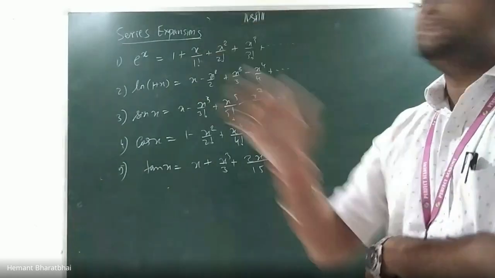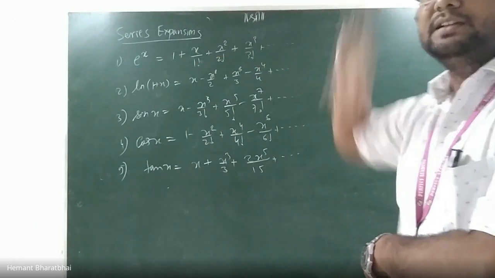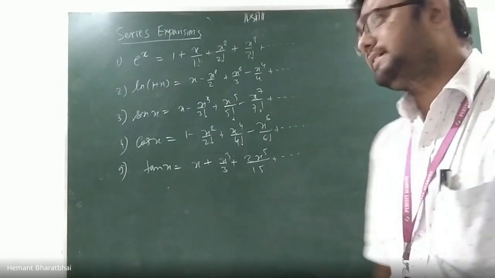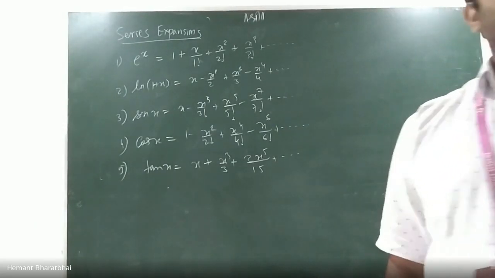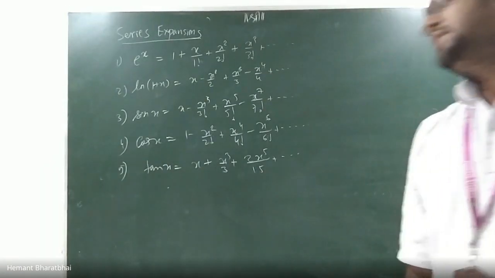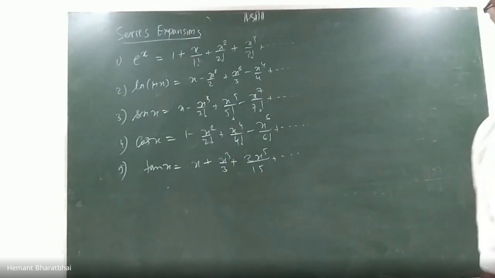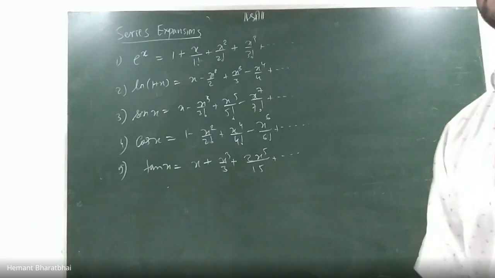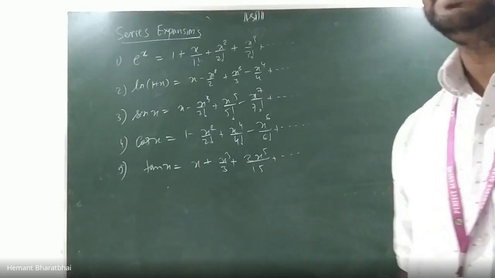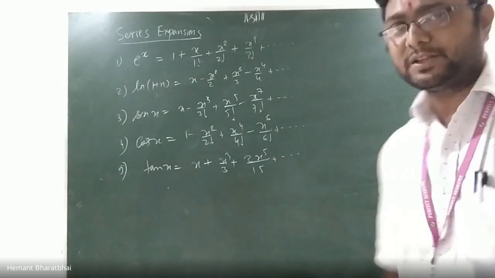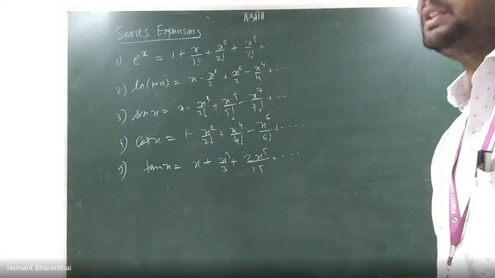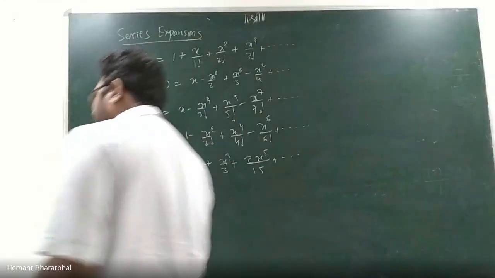When you substitute the values, for example, to find the Taylor series expansion of e raised to x or of ln of 1 plus x, and apply the formula, at that time you will get this entire series, which we call the Taylor series expansion and Maclaurin series expansion, which come as applications of partial derivatives. You don't have partial derivatives in your lower standards, so you don't have proofs for this in lower classes. But when you do your engineering, you will directly derive this there, by applying the Taylor series and Maclaurin series.